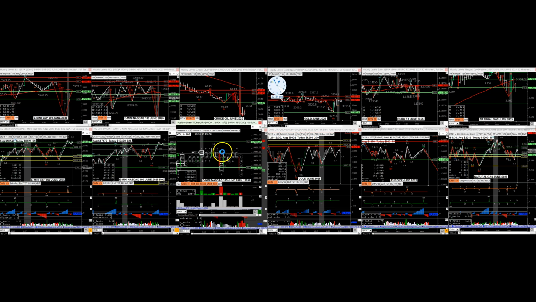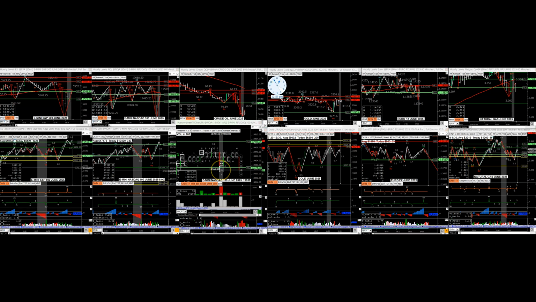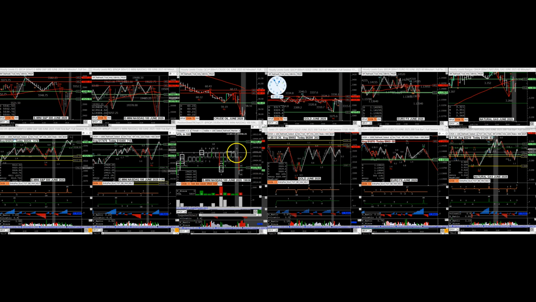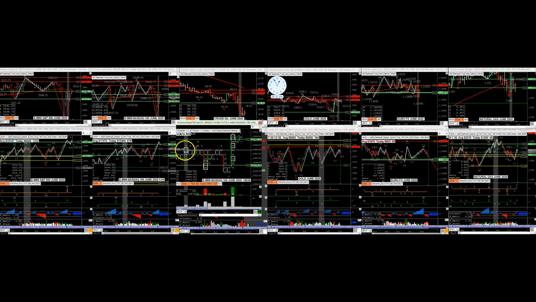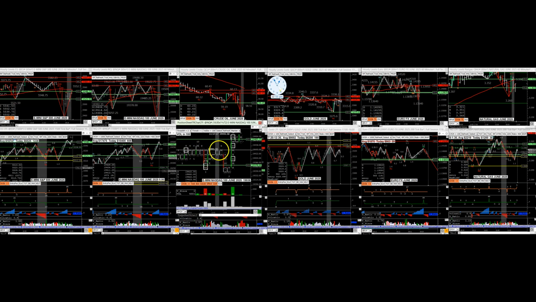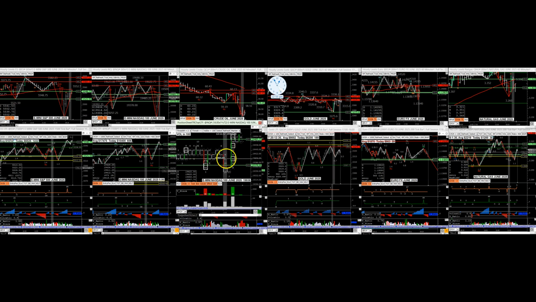High volume print, ease of movement to the downside. After that, it just retests the high volume print right here. As it retests, it offers the entry, and it gives only one leg because the market's very strong. So this is selling or minor distribution, ease of movement, retests, and then gives a nice lower low.